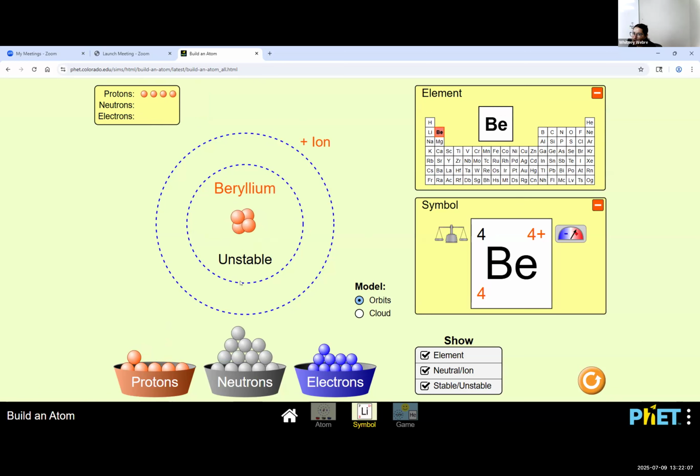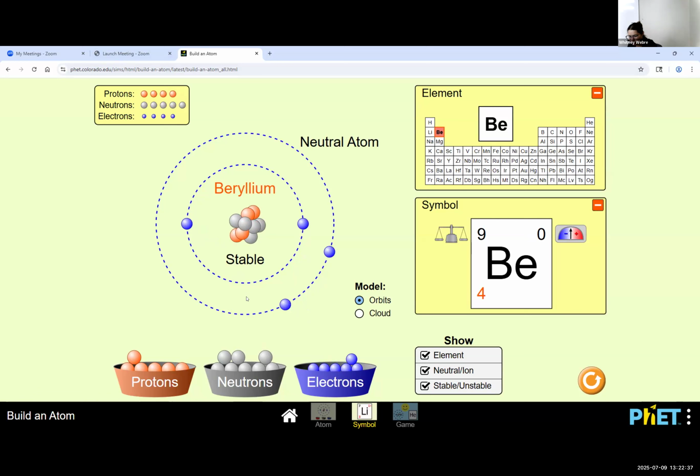So what number of neutrons should I add? Okay, now it's stable. Electrons, I'm just going to do it until it's neutral. Okay, now it's neutral. So we've created a stable beryllium atom using this.